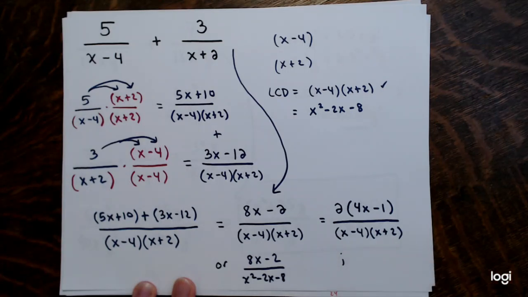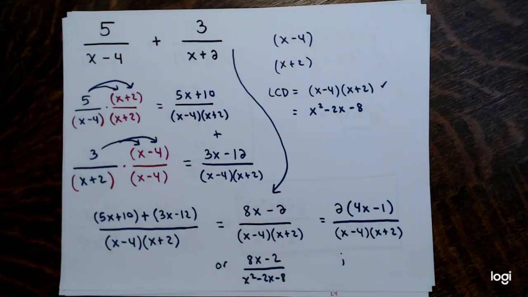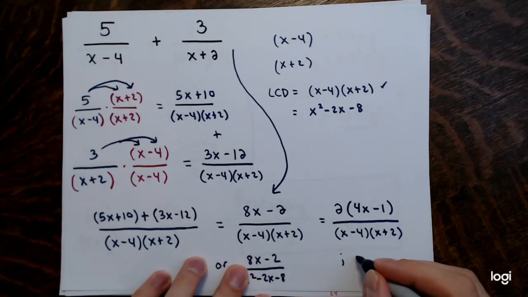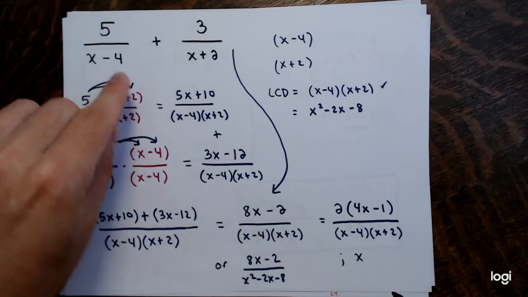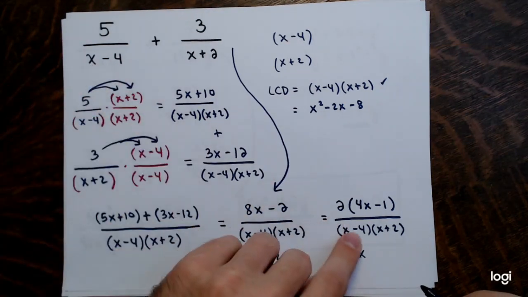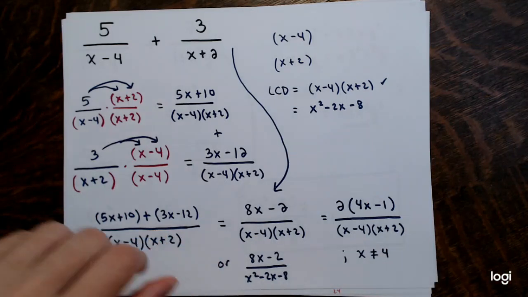And just one more little thing too is, yes, this fraction plus this fraction will indeed be equal to this fraction here, but not all the time, right? Not for any value of x. So look at the denominators again. There's factors of x minus 4 showing up in the denominator. So the value of x cannot be replaced by positive 4. Right?